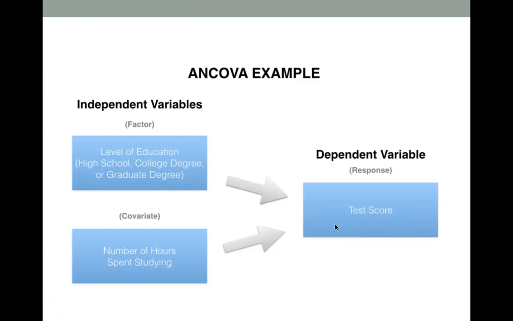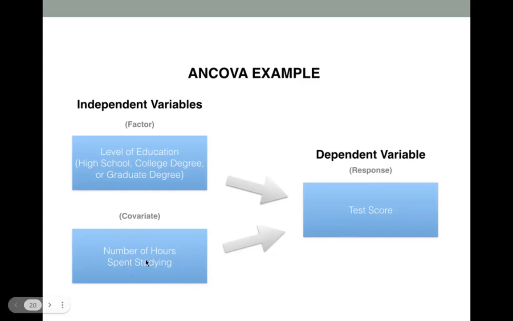Apply the number of hours to understand the difference that this covariate has on the test score, then partial this covariate out, remove it, hold it constant, and then apply these manipulations of the independent variables, maybe through conducting some kind of standardized exams or testing to understand the test score. Because if you don't remove this, it might affect the outcome.